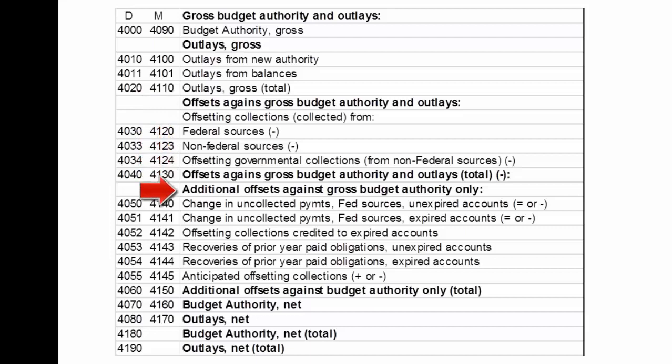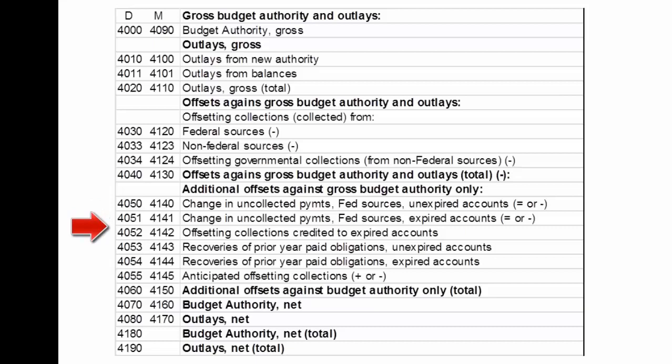In the additional offsets against gross budget authority only section, we see the effects of several things that affect our budget authority but not our outlays. For example, a change in receivables or uncollected payments on lines 4050, 4140, 4051, and 4141 adjusts the budget authority by subtracting receivable amounts included as budget authority.